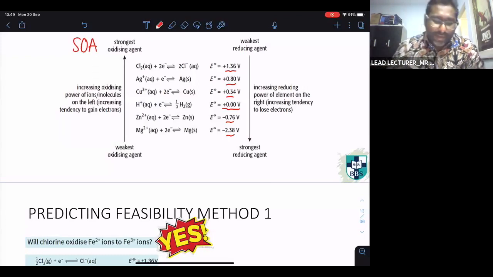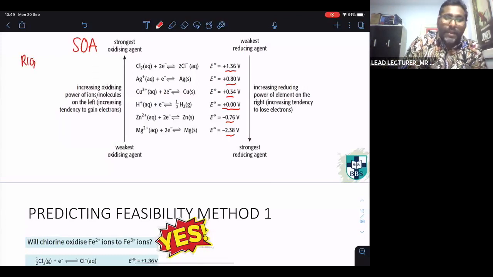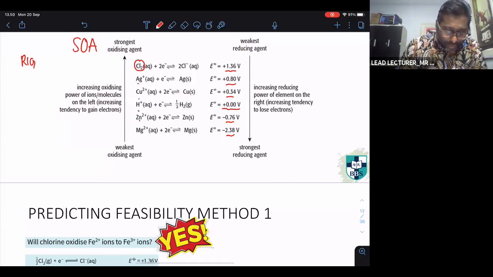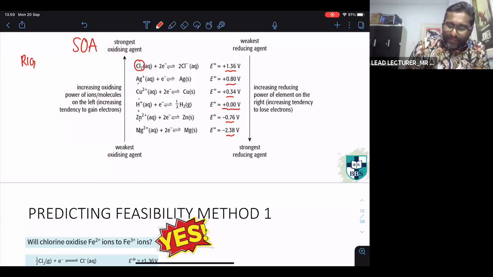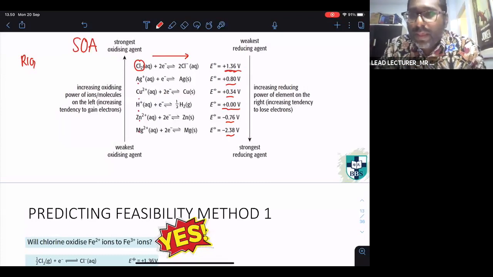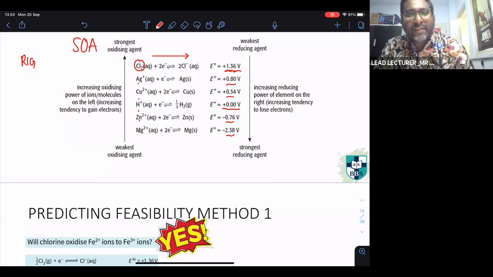What is reduced? Reduced is gain of electrons, right? So at the top, it means the Cl2, compared to all those that you have over here, because it is more positive, has the tendency to go to the right. It means that Cl2 has the greatest tendency to gain electrons, or to be reduced.